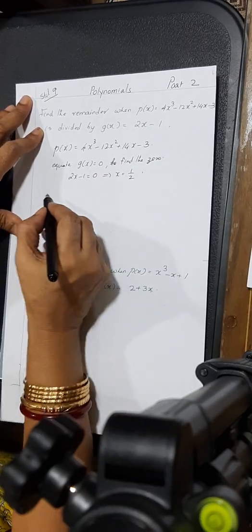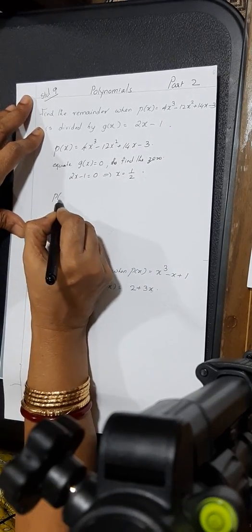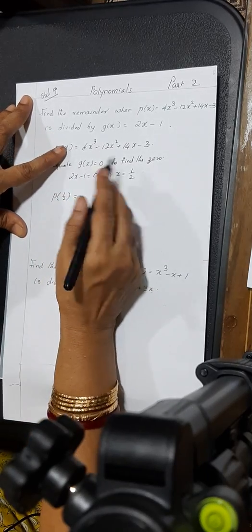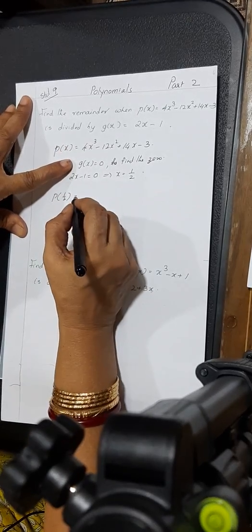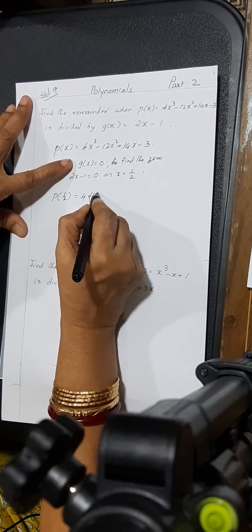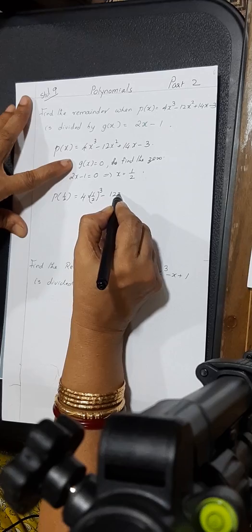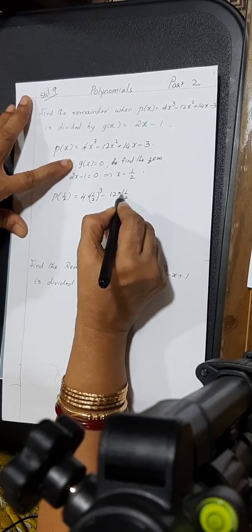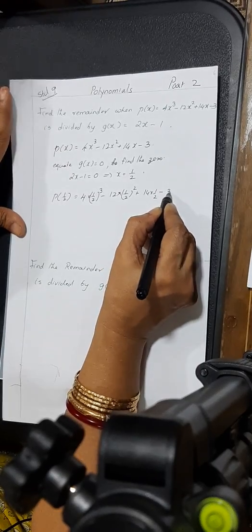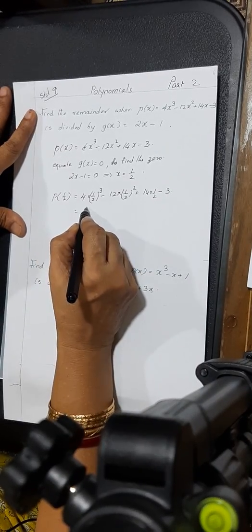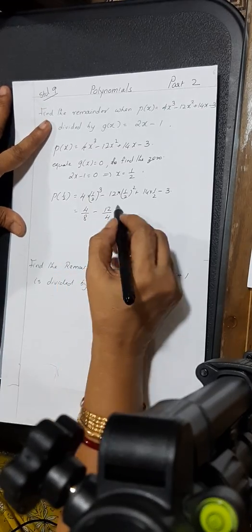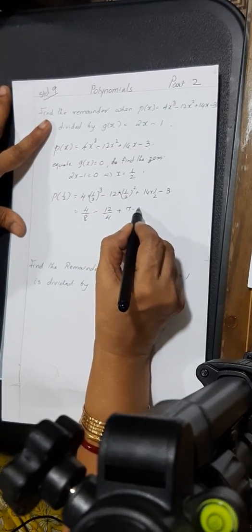So, we will put p of 1 by 2 and try to find the value. It is 4 into 1 by 2 the whole cube minus 12 into 1 by 2 the whole squared plus 14 into 1 by 2 minus 3. So, this is 4 by 8 minus 12 by 4 plus 7 minus 3.